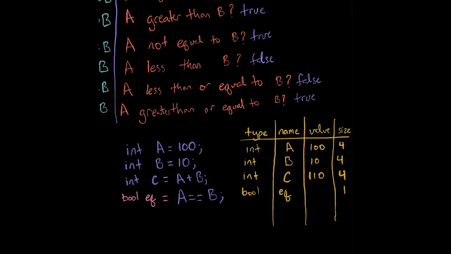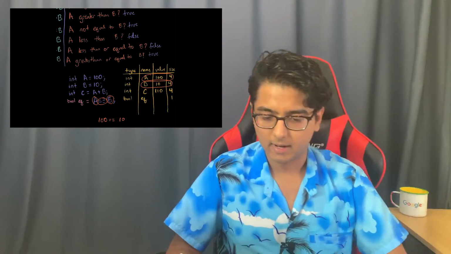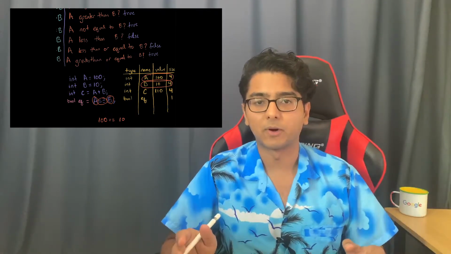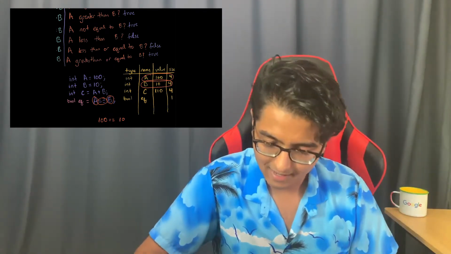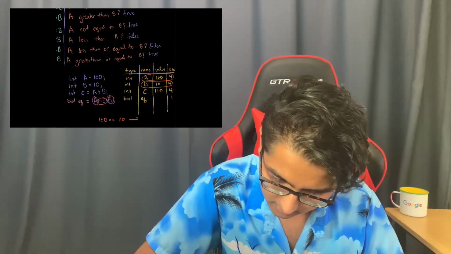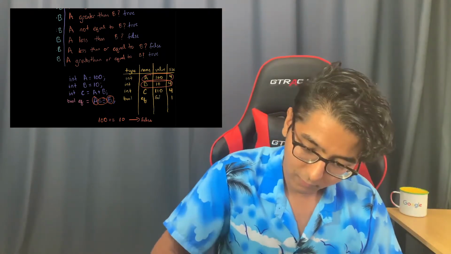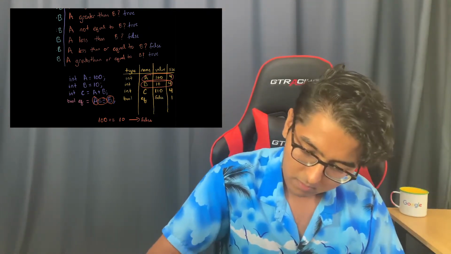Now the value is asking me to go get A, go get B, and then apply the equals operator. Now, when I apply the equals operator, I'm simply asking the question, is 100 equal to 10? And the answer here is false. It is not equal to 10. So therefore, the value of EQ must be false.